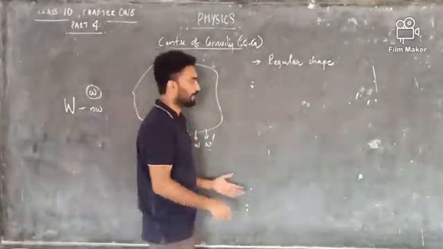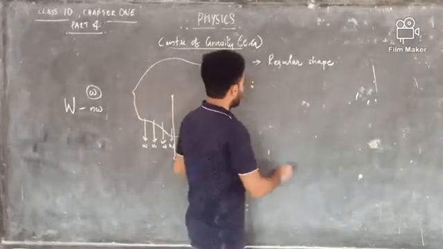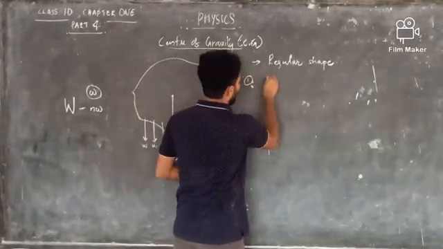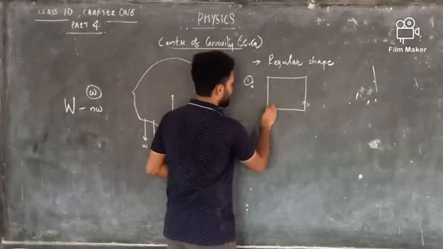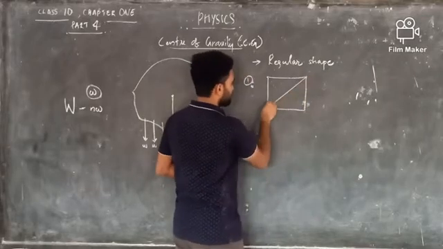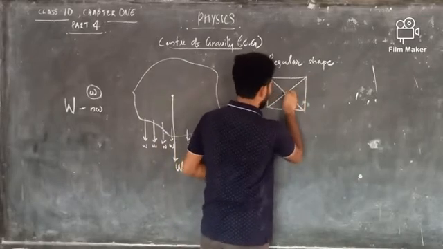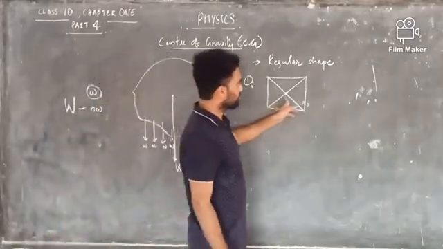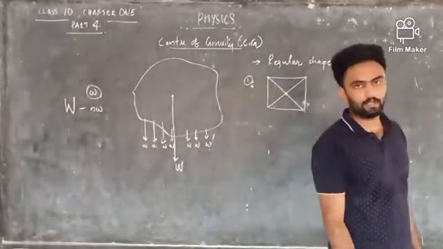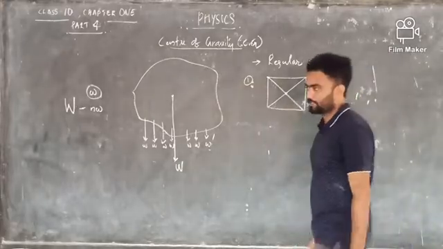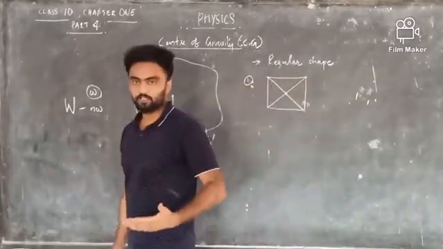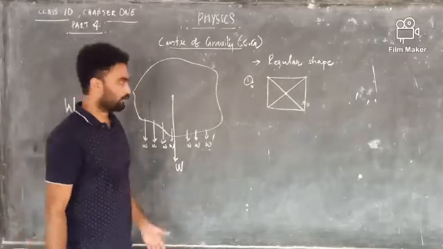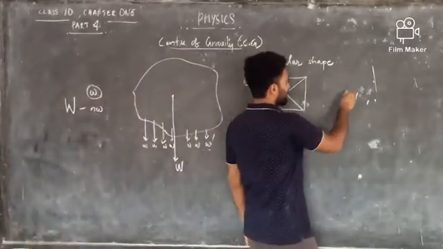First of all, consider a rectangle or a parallelogram. For a rectangle and a parallelogram, the center of gravity is the point where the diagonals meet, that is, the intersection point of the diagonals. The second case is a triangle.